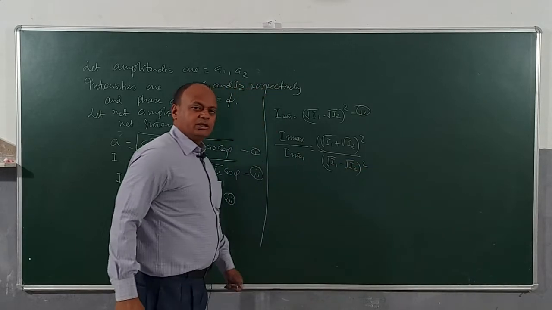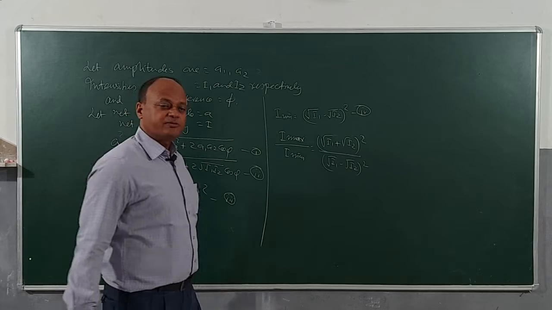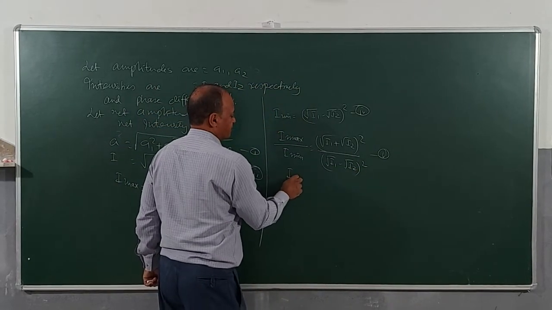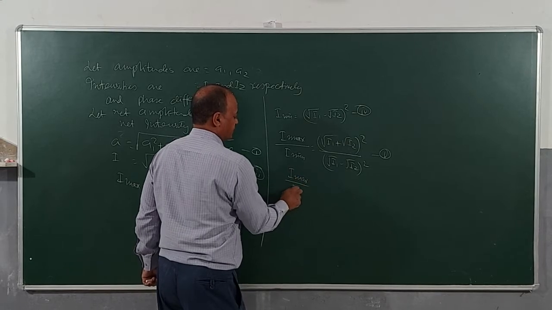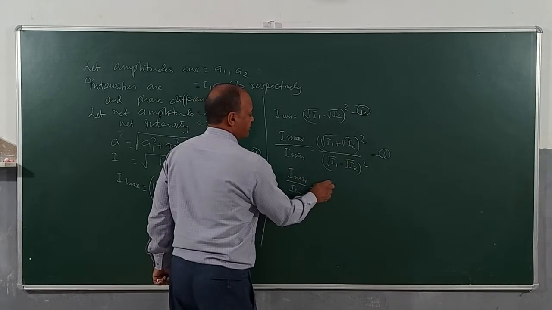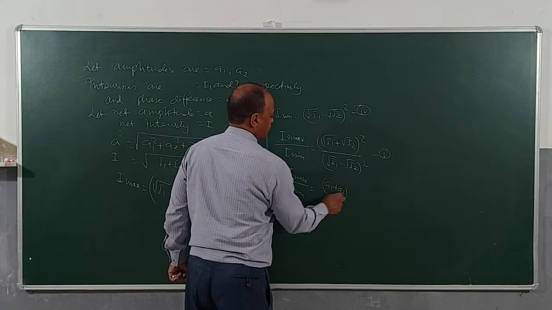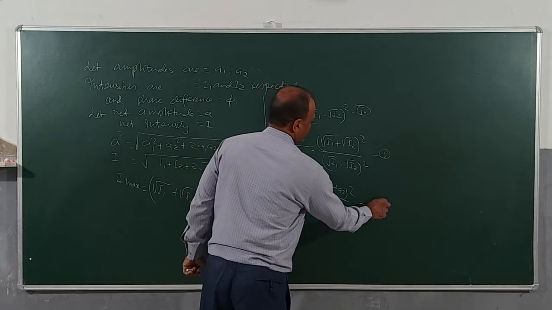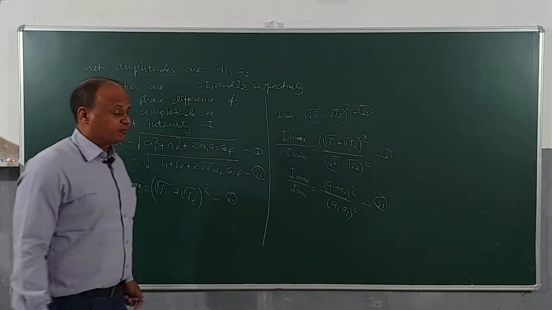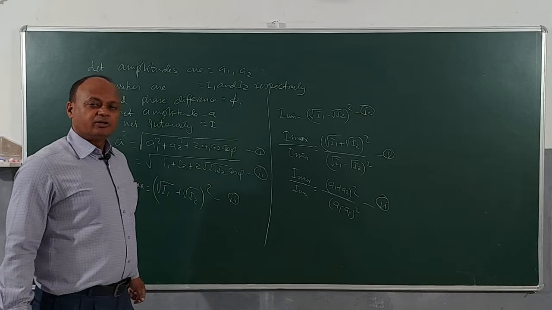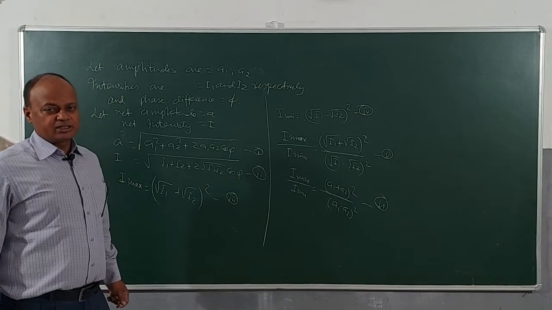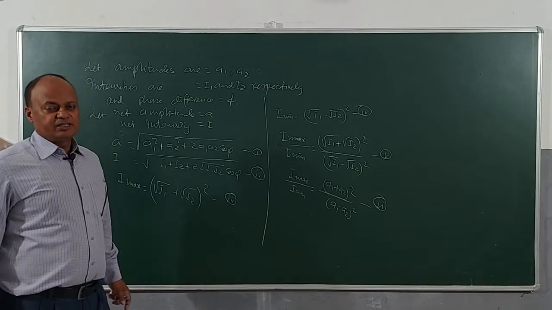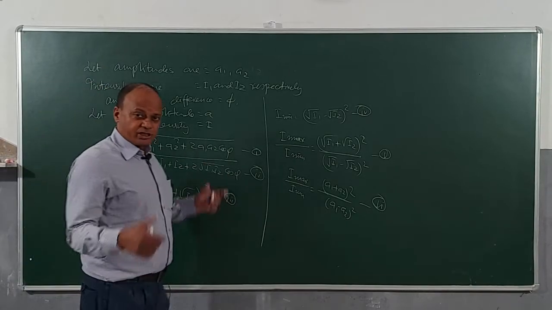This formula can also be expressed in terms of amplitudes: I maximum divided by I minimum is equal to A1 plus A2 whole square divided by A1 minus A2 whole square. So these are the key formulas that we will be using for doing different sums based on intensity and amplitude. But be very clear that phi remains the phase difference between the two waves which are undergoing interference.